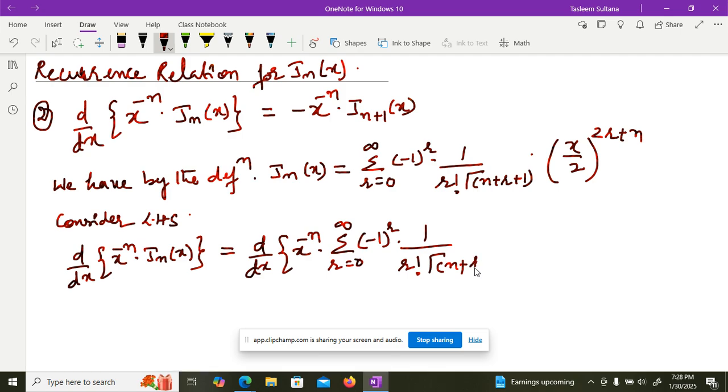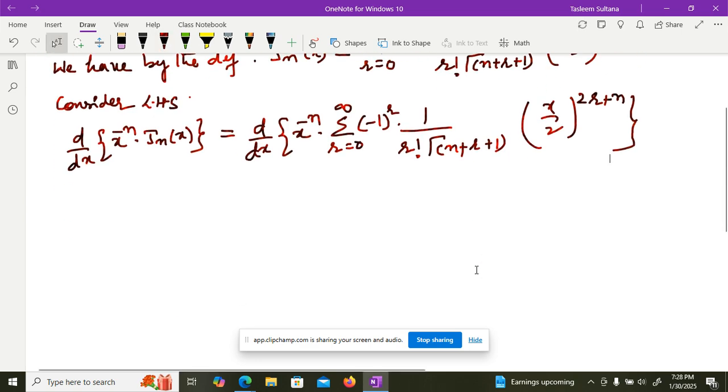n plus r plus 1 into x by 2 to the power of 2r plus n. Now, differentiating with respect to x, the remaining terms we will write completely outside of that differentiation, because the differentiation is applicable only to the x term.